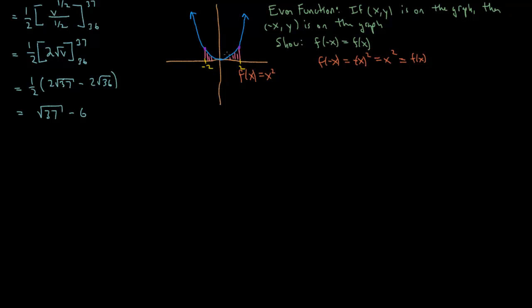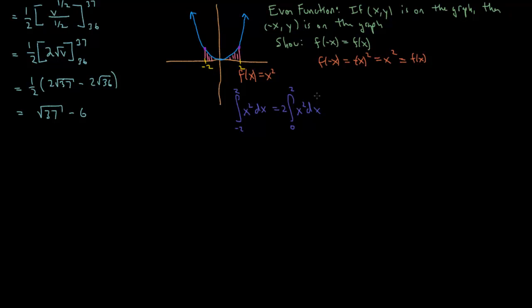Specifically, if you want to go from 0 to 2, then that will work. So we could say the definite integral from negative 2 to positive 2 of x squared dx is equal to 2 times the definite integral from 0 to 2 of x squared dx.